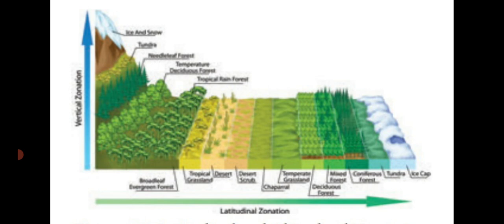Between them, different plants are cultivated in different zones. Here, first one, broadleaf evergreen forest, tropical grassland, desert region, desert scrub, temperate grassland, chaparral, deciduous forest, mixed forest, coniferous forest, tundra forest and ice cap.